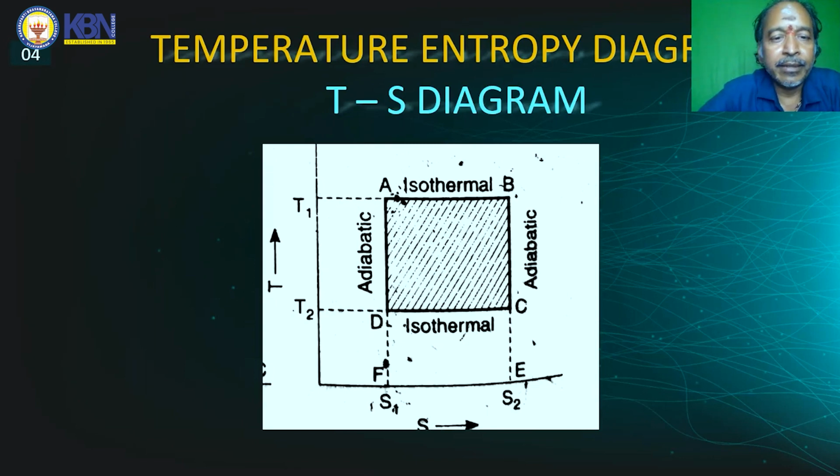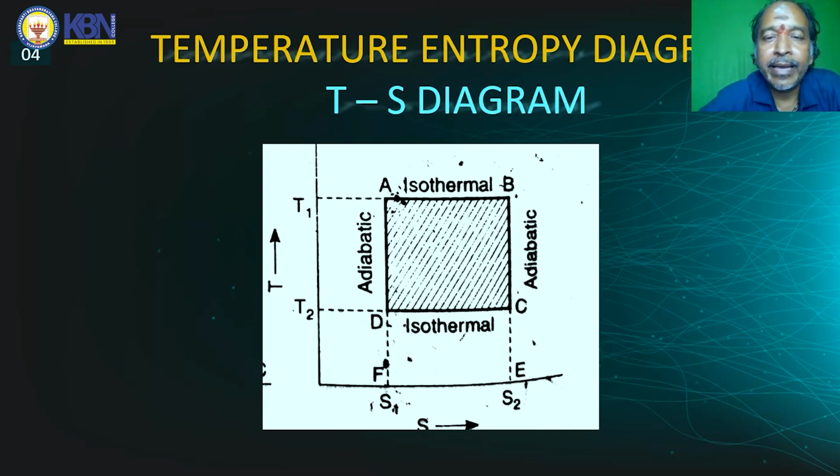The temperature value is along the y-axis, and the corresponding entropy values are along the x-axis. With the help of this TS diagram we can also calculate the efficiency of the Carnot's engine.